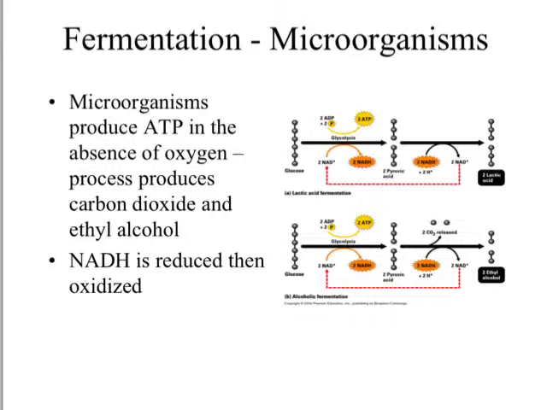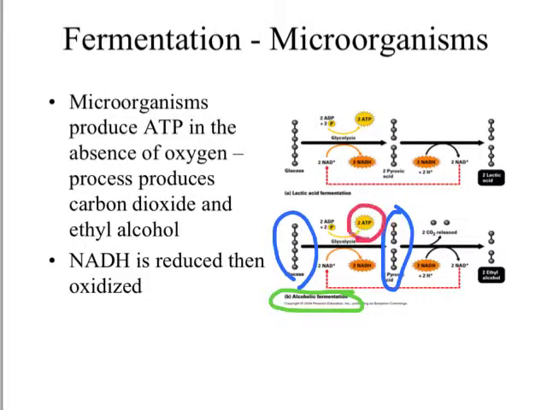And instead of calling it lactic acid fermentation like in us humans, we call it alcoholic fermentation, because we're going to see that the end product is an alcohol. It goes through the same glycolysis process where a glucose molecule is broken down into 2 pyruvic acid molecules and a release of 2 ATP for the cell to use as energy.